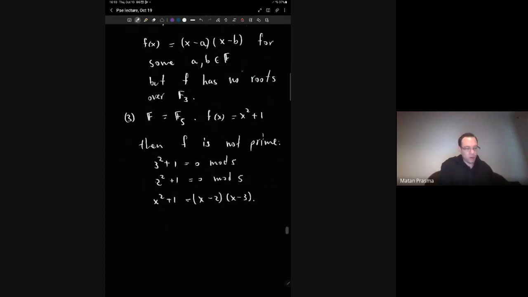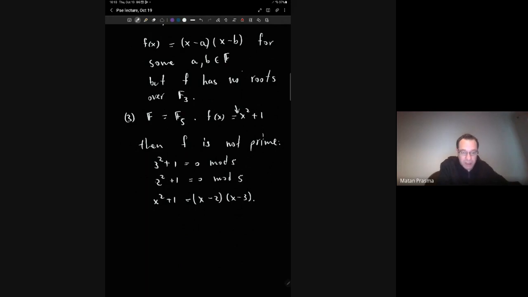Okay, so of course the expected property about prime polynomials is that you can decompose every polynomial into a product of prime polynomials. This is true, but we also want uniqueness, and for uniqueness we have a problem with the possible coefficient of the leading monomial.